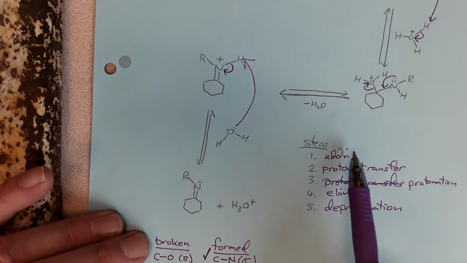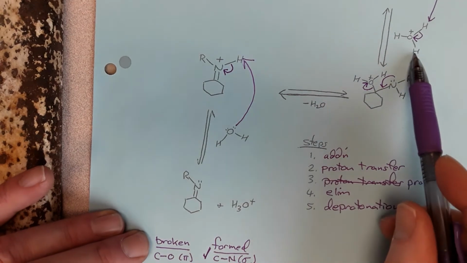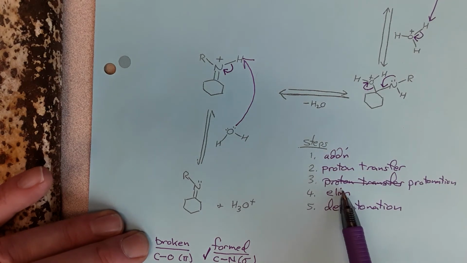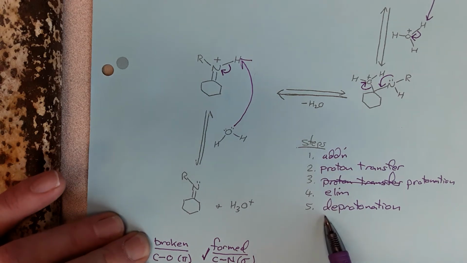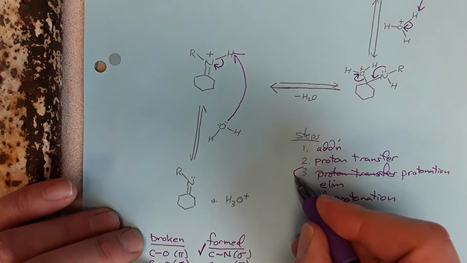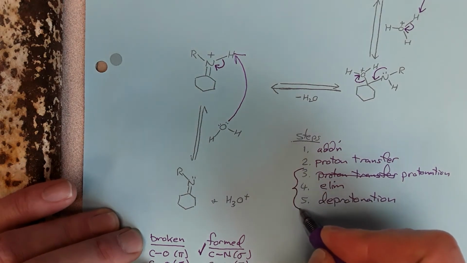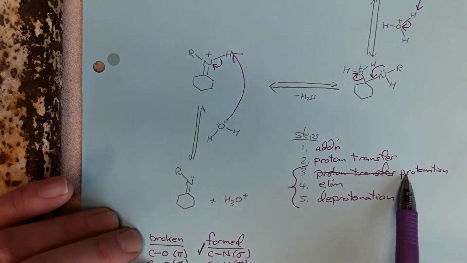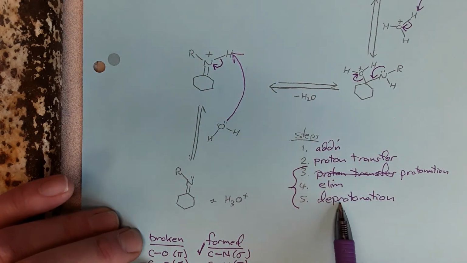So step number 1 was addition, step number 2 was proton transfer, step number 3 is protonation, step number 4 was elimination, and step number 5 is deprotonation. And you'll see this again, but this is kind of a normal sequence of events in acidic solution. You see this a lot. You protonate, you do something, and you deprotonate.